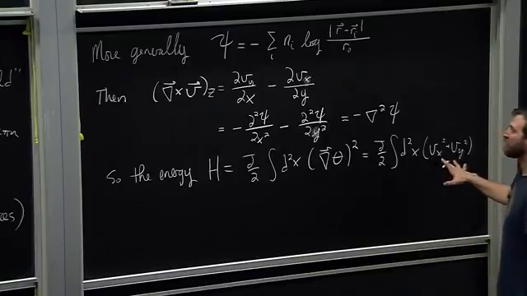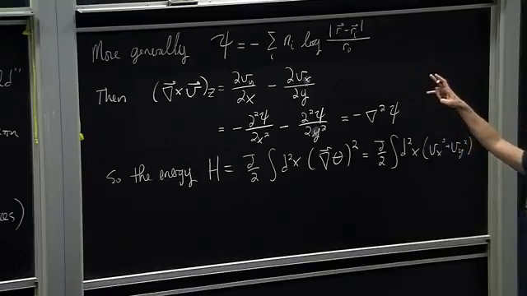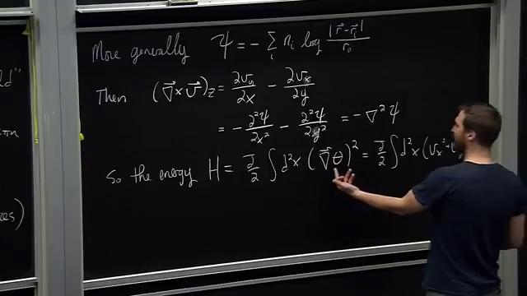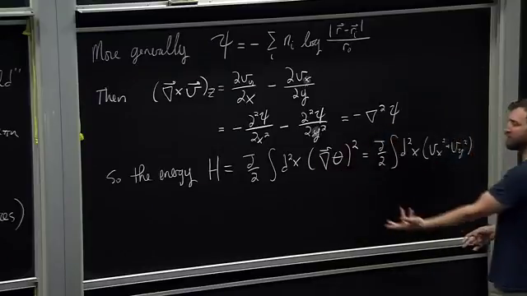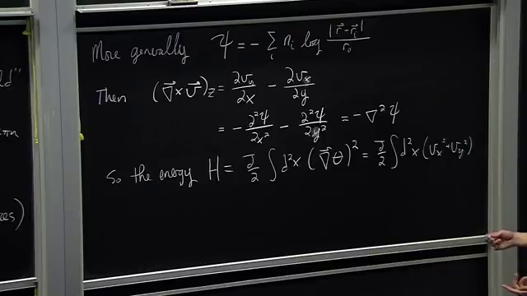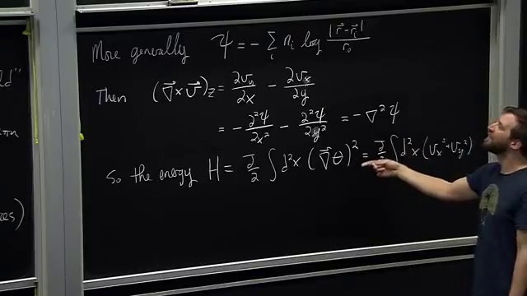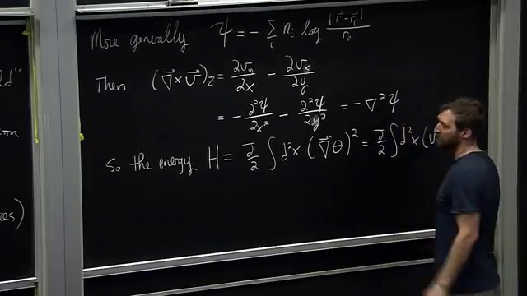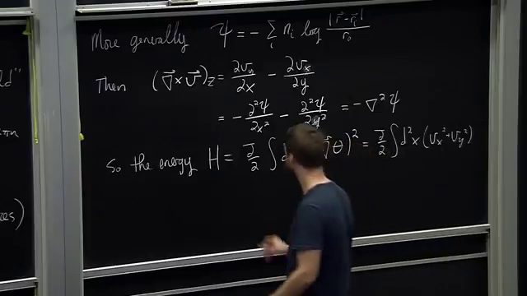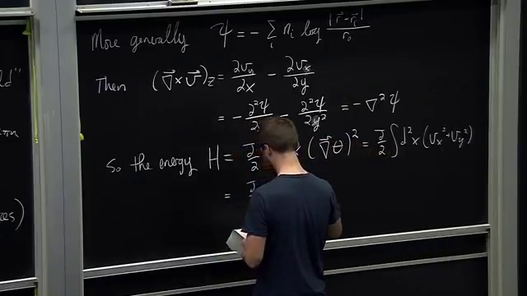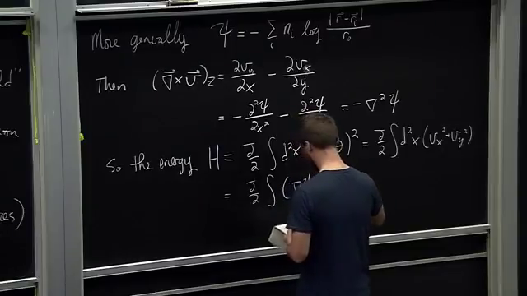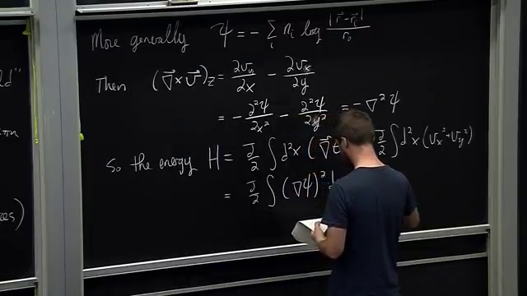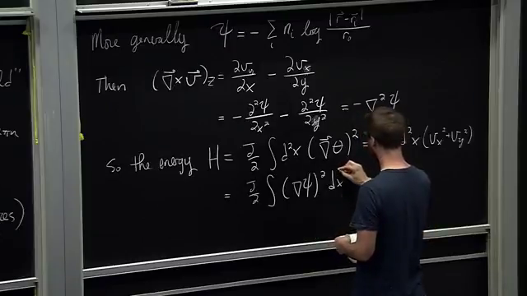So what this gives me is the gradient of the stream function. It looks like the same form, but in the gradient of the stream function. And so that's the point. Psi is not equal to theta, but it's defined such that the signs work out, so that the energy is equivalently equal to this.